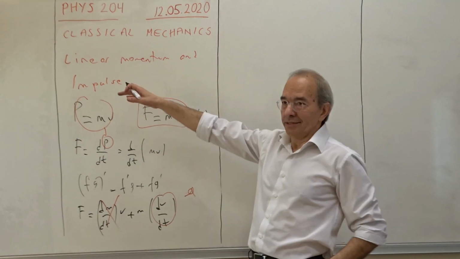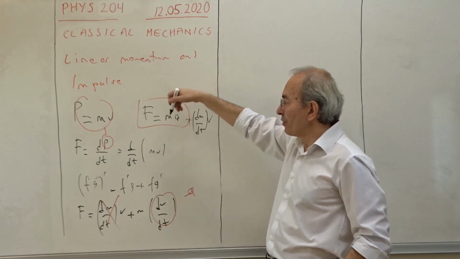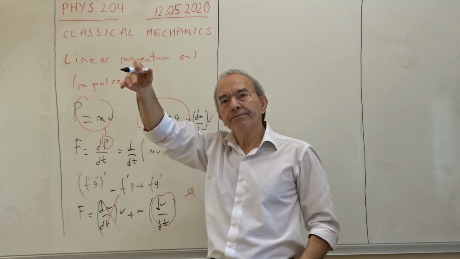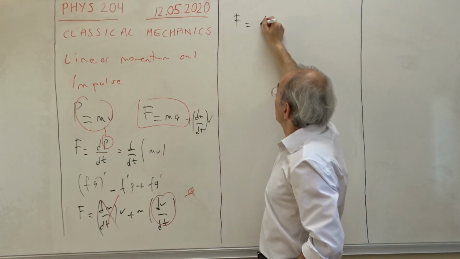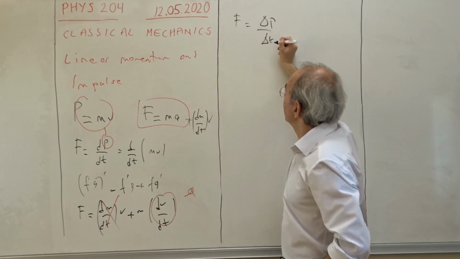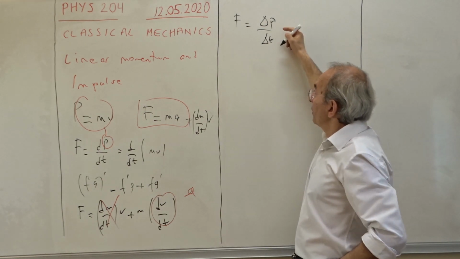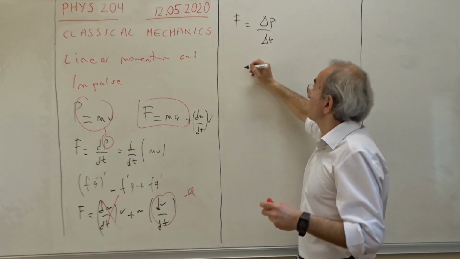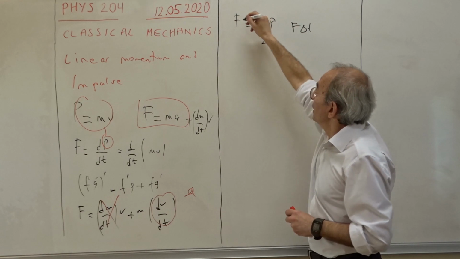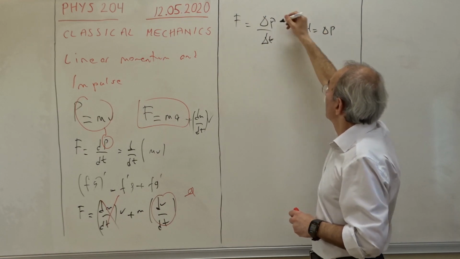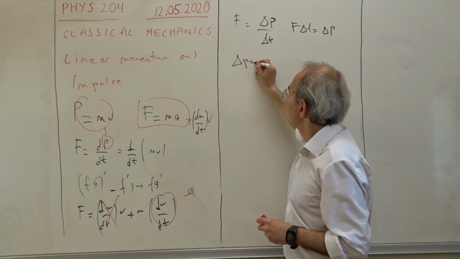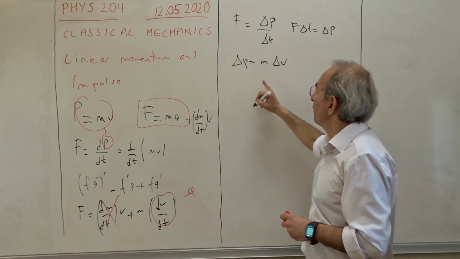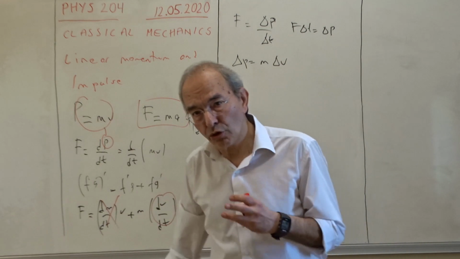So what about impulse? Whether or not mass is changing or remaining the same, F is equal to delta p by delta t. But you can write it as, for instance, F delta t equals delta p. And also delta p is m times delta v in case that m remains constant.